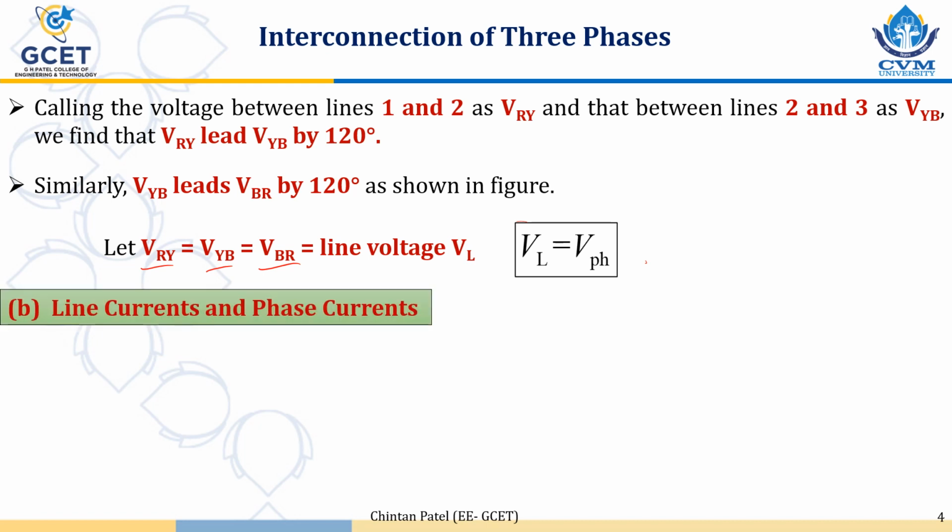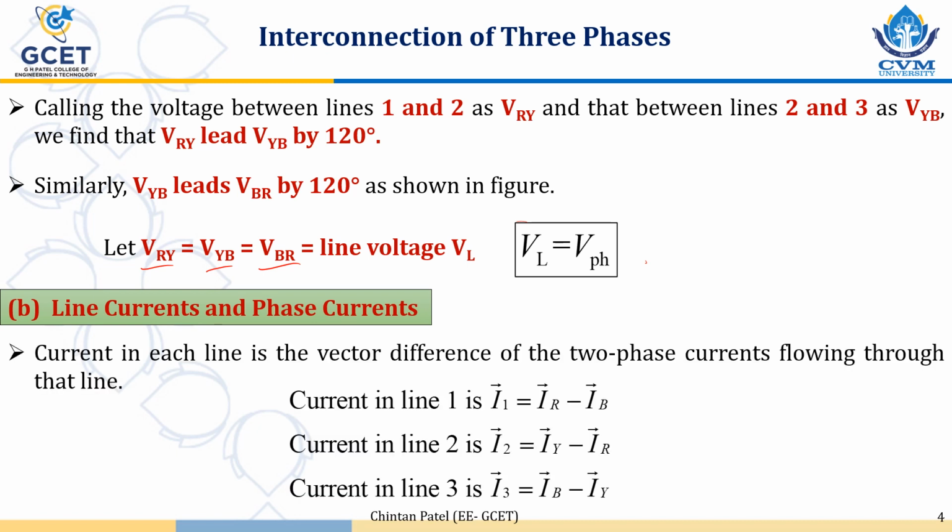Then the relation between line currents and phase currents. As we discussed earlier, when we apply the KCL, Kirchhoff's current law, at all the three junctions, we will have a vector difference of two phase currents available as a line current. So we can write the current in line 1, let's give the name I1. I1 is nothing but IR minus IB.